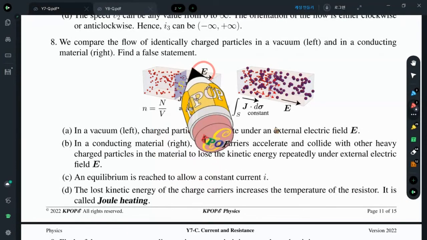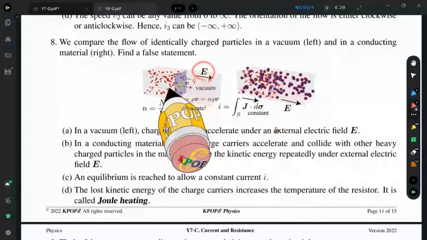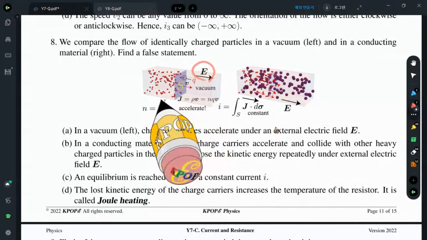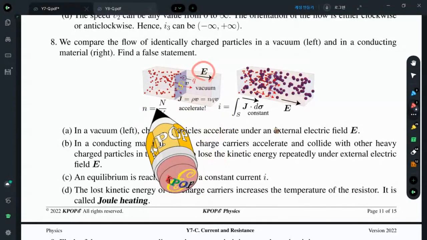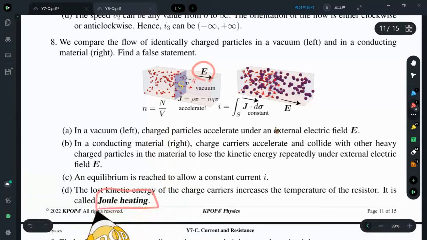That means the applied electric field will contribute to the acceleration of charge, but that kinetic energy is lost and redistributed to the other charged particles to make a kind of vibration. That is the Joule heating.